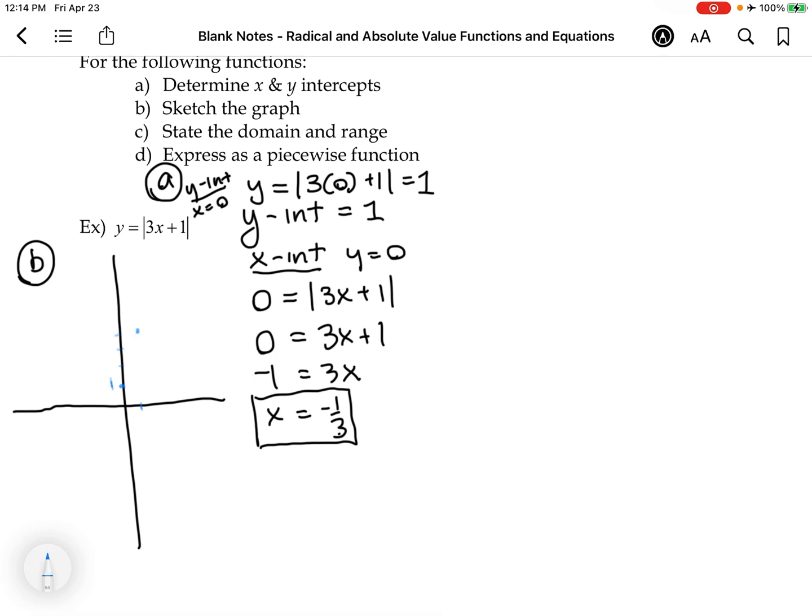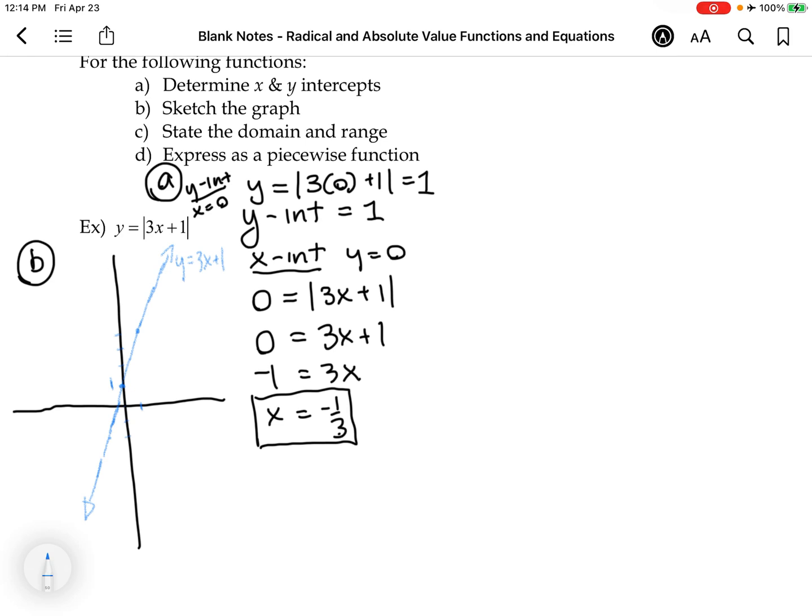So my next point would be there, or I could go down 3 and left 1, right? So this would be the original function. Okay, so this is y equals 3x plus 1.